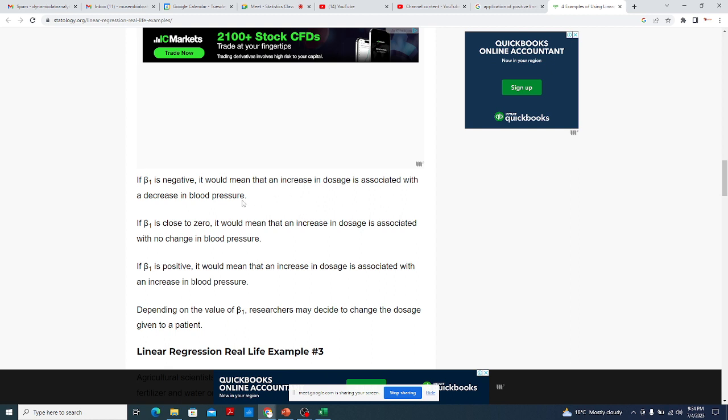You can always adjust the dosage up to the point where the blood pressure will be within the normal range.